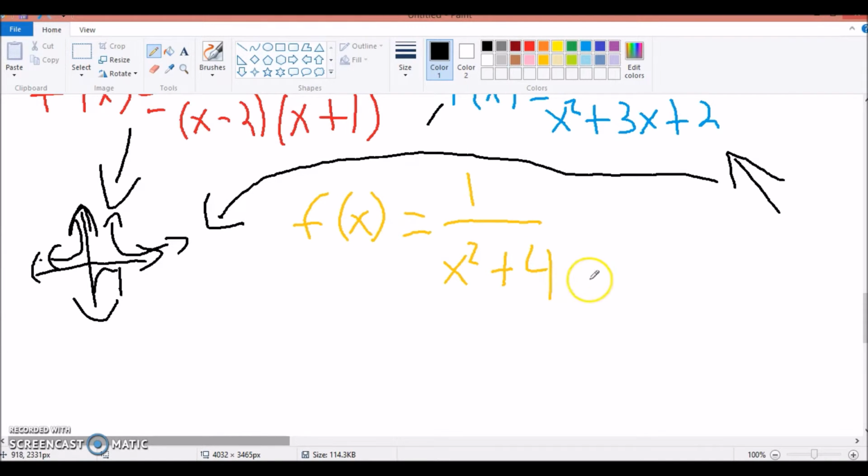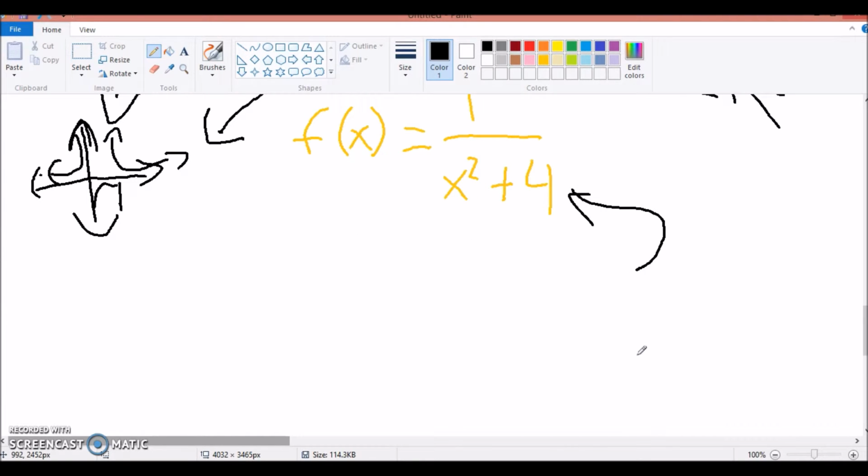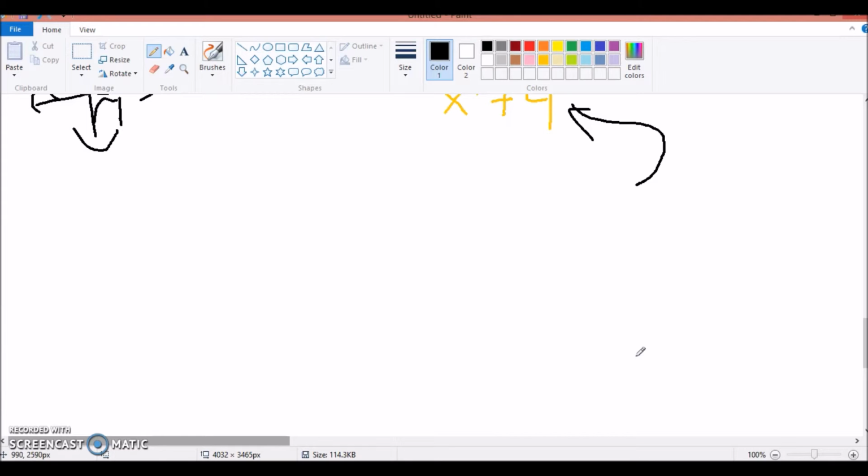For the last one, if you cannot factor the denominator, that means there is no vertical asymptote, which means the domain can be any real number. That also means you can solve for the range, and the range will be greater than 0 or less than the y-intercept, depending on the values you are given.